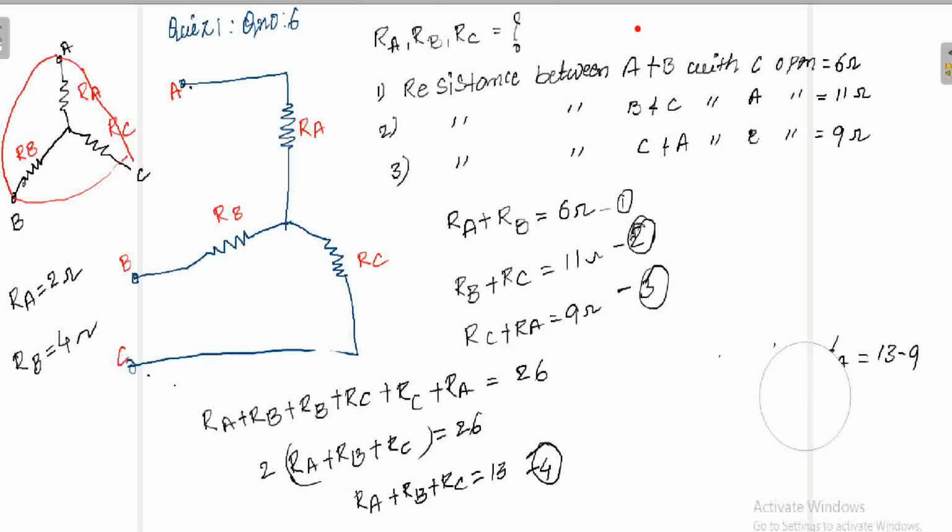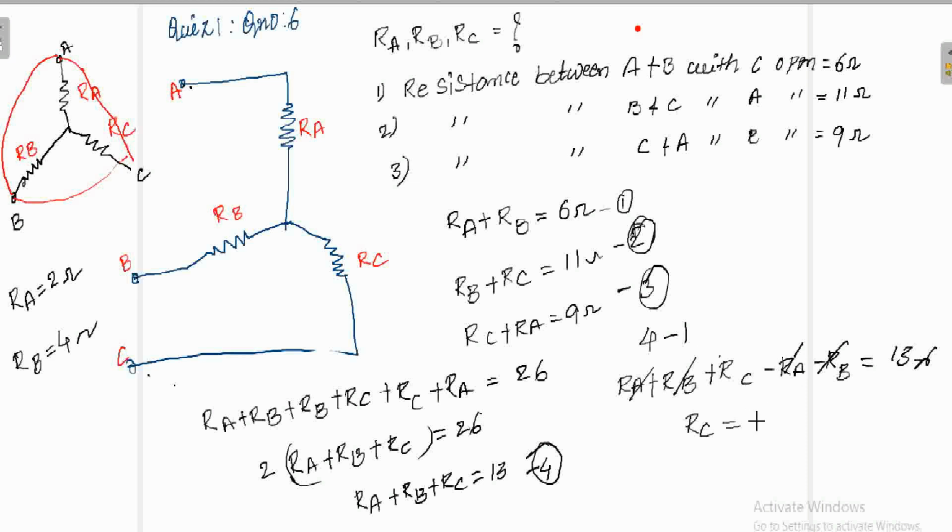Similarly, I want to find RC. For RC, just do 4 minus 1. RA plus RB plus RC minus RA minus RB is 13 minus 6. Then RC is equal to 7 ohms.